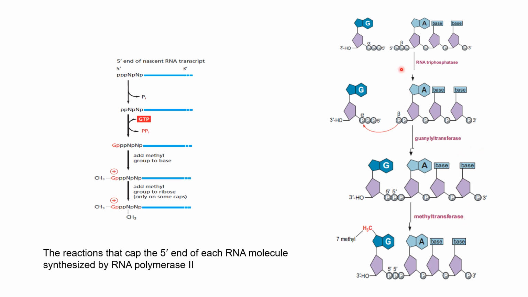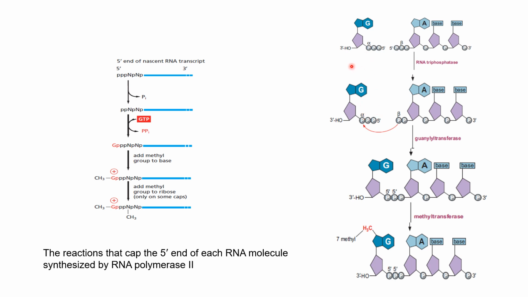As you can see in the first step, this is the RNA transcript which has been synthesized, and this is the 5' end of the nascent RNA transcript. The first step is catalyzed by the RNA triphosphatase. The bond between the beta and the gamma phosphate is broken down, and this beta attacks the alpha phosphate of the incoming guanosine triphosphate.